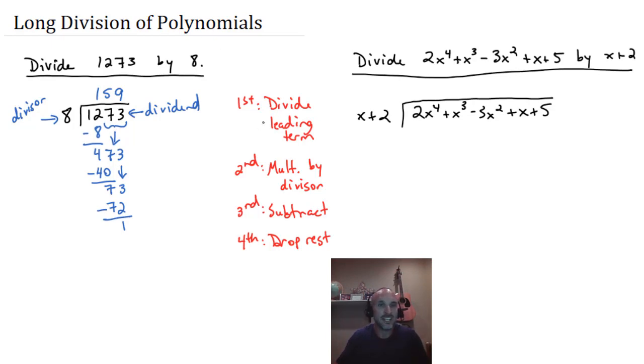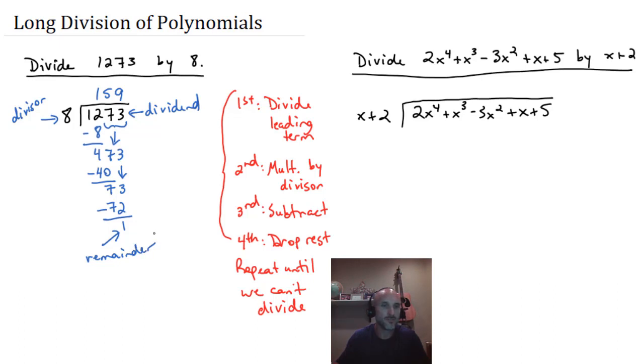So we repeat all of this until we can't divide anymore. 8 is too big to go into 1, so we're done. And this 1 is our remainder. Okay? And again, the answer that we get up here, how many times it goes in, is the quotient.